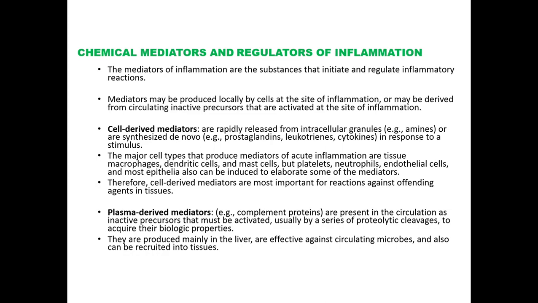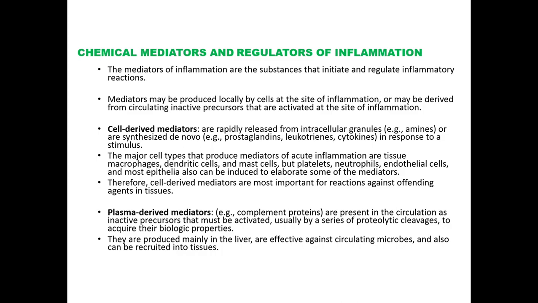Plasma-derived mediators, for example, the complement proteins, are present in the circulation as inactive precursors that must be activated to work, usually by a series of proteolytic cleavages to acquire their biological properties. So complement proteins should be activated by cleavage. For example, C3 is cleaved into C3a and C3b.